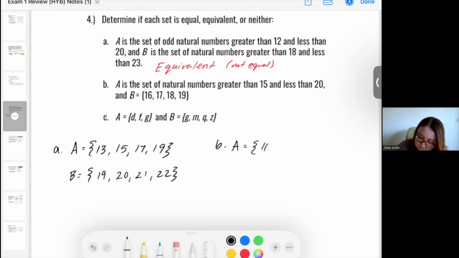That would be 16, 17, 18, 19. And that is also the set of B, 16, 17, 18, 19. Same number of elements, same exact elements, therefore they are equal. Which also means equivalent.